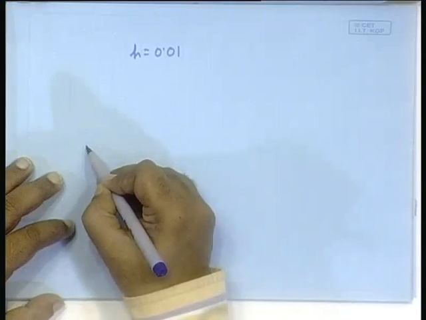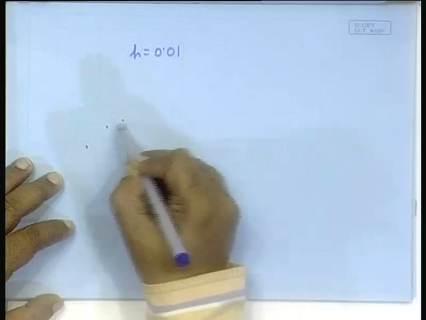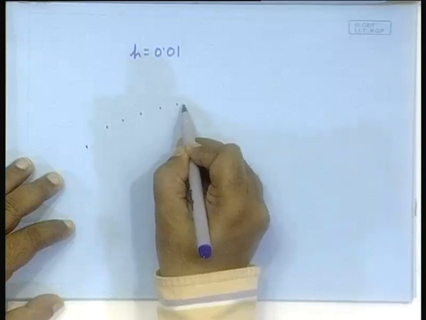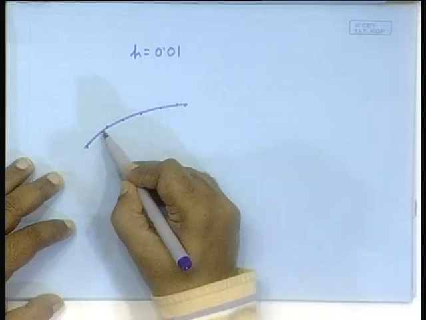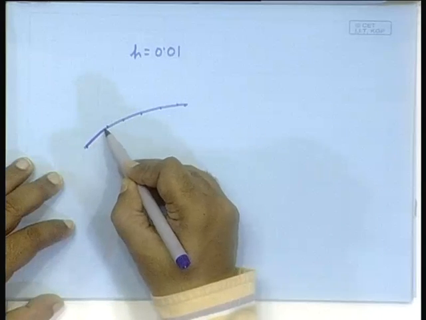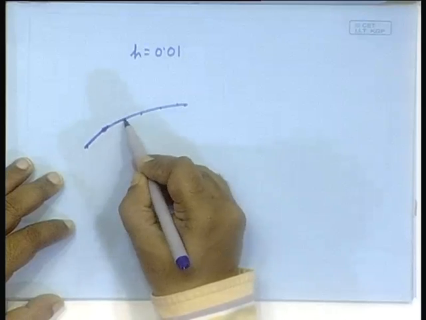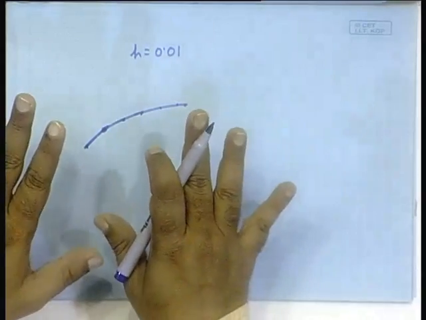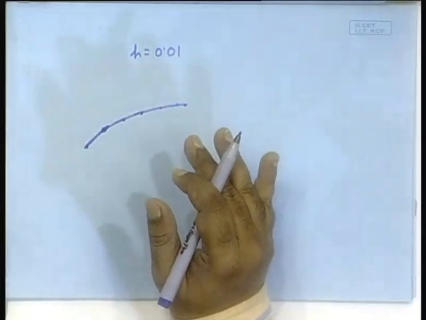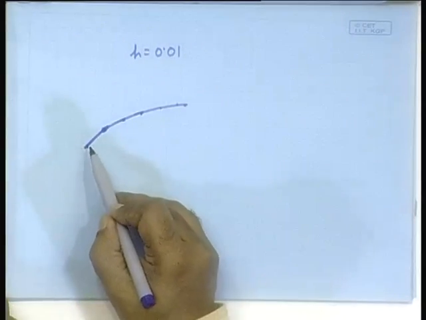Imagine that you are taking the step length like this, and you are calculating. If it is going like this, then the amount of approximation involved in going from here to here, here to here, even if that approximation is accurate to the h to the power 5 extent, that is reasonably good.